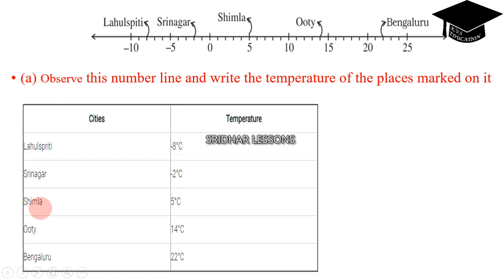For Shimla, we have 5 degrees centigrade, because right of 0 are positive values. And Ooty is 10, 11, 12, 13, 14 degrees centigrade. Bangalore is 20, 21, 22 degrees centigrade.